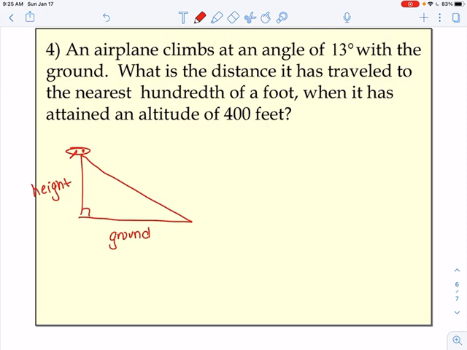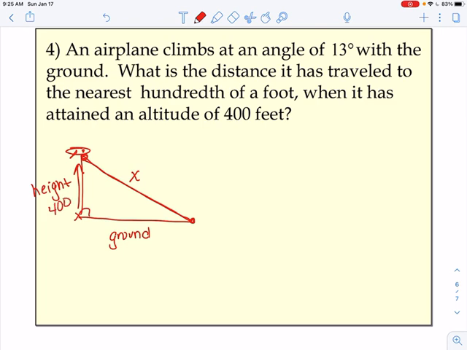Okay, so again, it says what is the distance that the plane has traveled. So the distance the plane has traveled, the plane didn't go from here straight up. Okay, it went from here and then went up to here. So that's the distance the plane has traveled. So I'm going to call that x. Okay, to the nearest hundredth of a foot when it's attained an altitude of 400 feet.